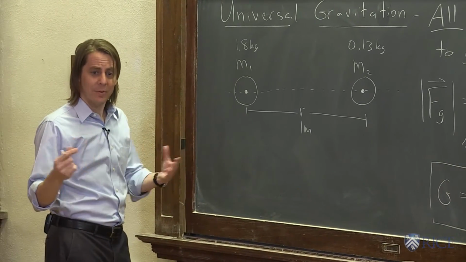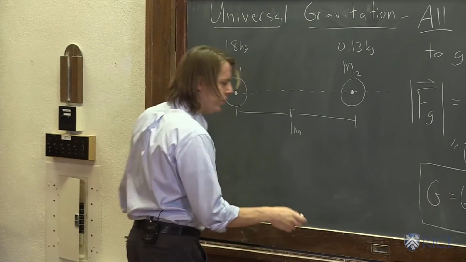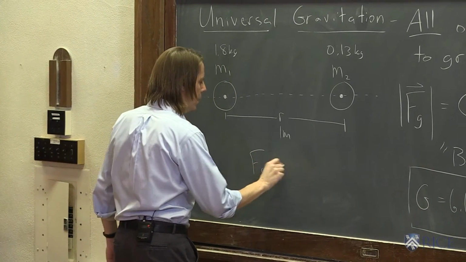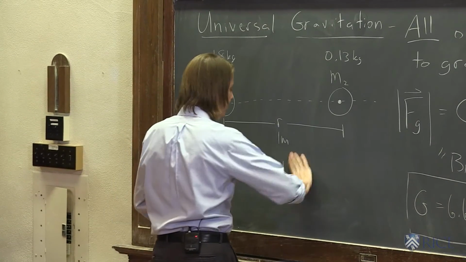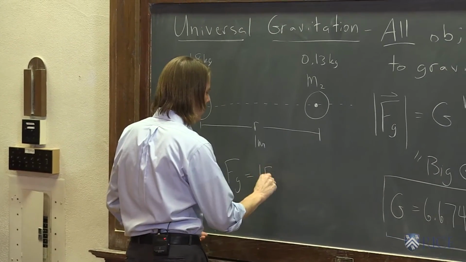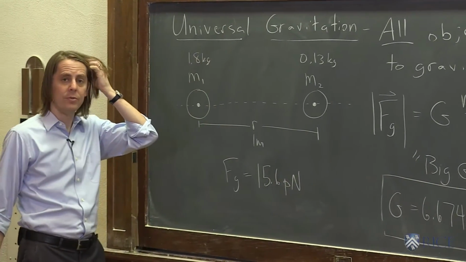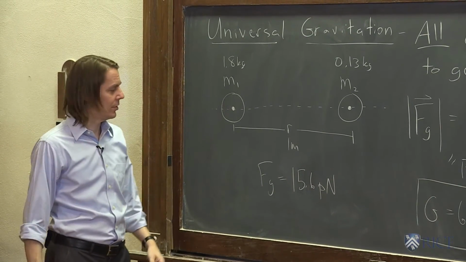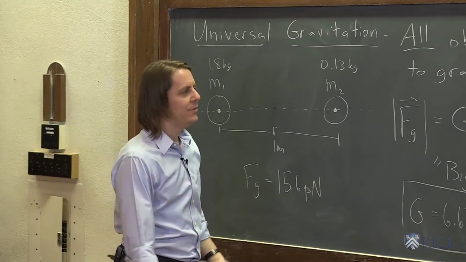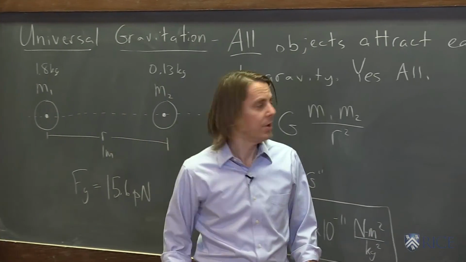Then the force they feel, a gravitational force, they're not rolling towards each other because it's only 15.6 piconewtons, pN, so that's 10 to the minus 12 newtons. So that's really small, so not quite enough to overcome the static friction to make them move towards each other. But even everyday objects feel a gravitational force between each other.